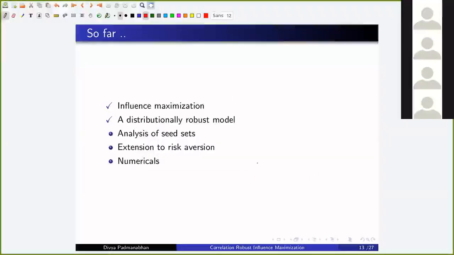So that is about these two models. I showed you how we do the computation for the robust model. Now I'm going to spend some time on how to analyze the seed sets. Computationally, we know that the robust model is good, but what does it offer in terms of the seed sets obtained?